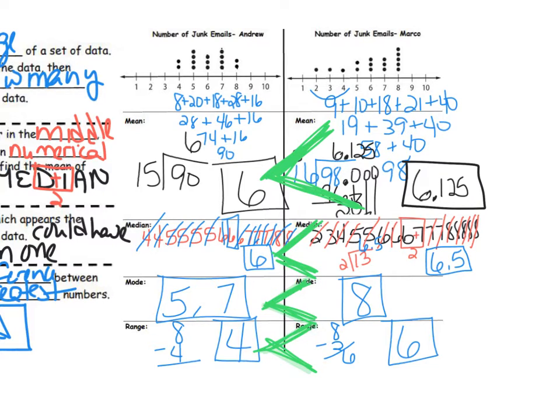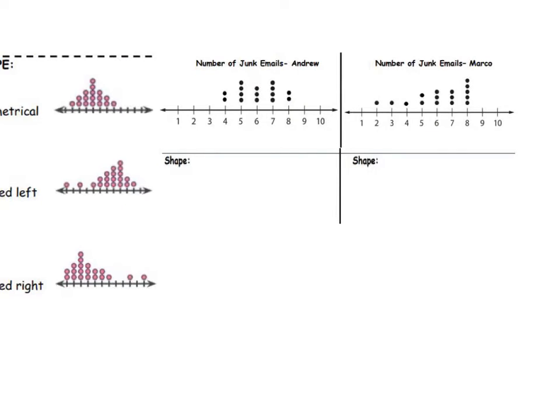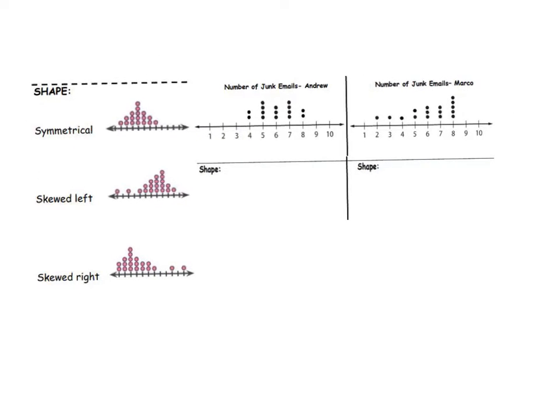We're doing the shape. We're getting to that. Okay, so now we're going to look at the shape. Now, there's the definitions here. So when you're looking at shape, you basically are going to draw a bell curve. And bell curve means that you're just drawing a line right over it. Okay?